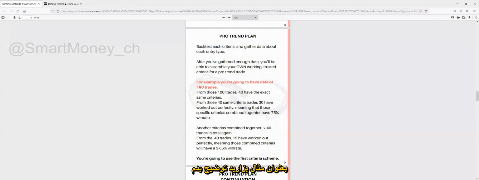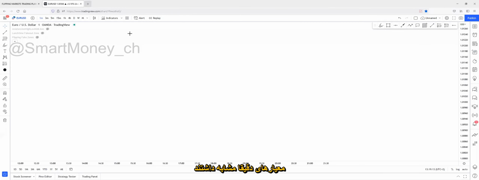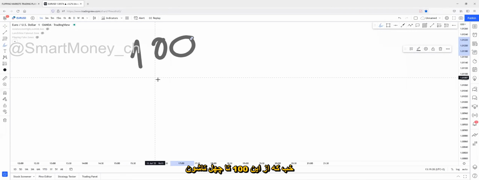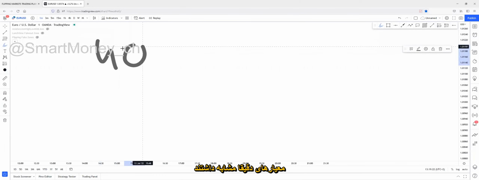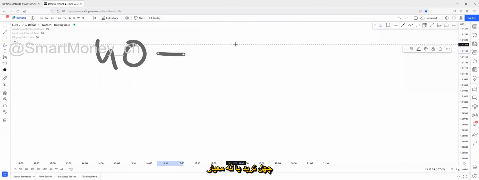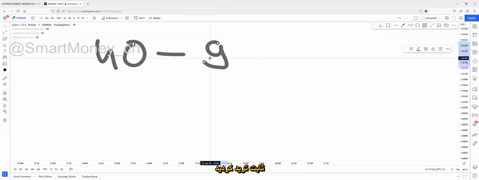Let me just explain this. For example, you're going to have data of 100 trades. From these 100 trades, 40 trades are going to have the exact same 9 criteria.